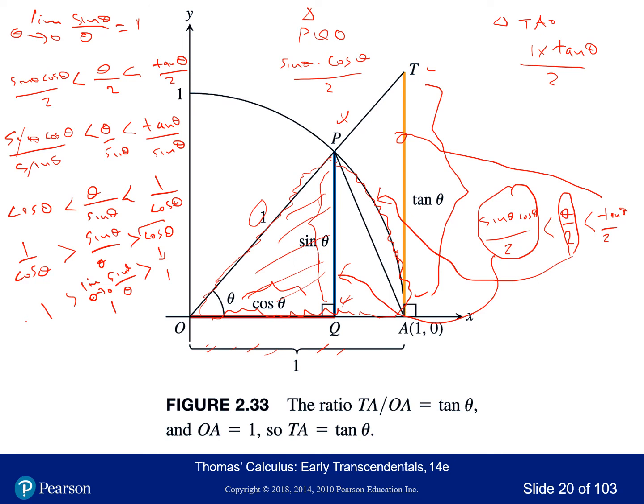So now what we have is the following. Let me write it in a horizontal way. We have 1, and then this is greater than the limit of sine theta over theta as theta goes to 0, and then we have greater than 1.